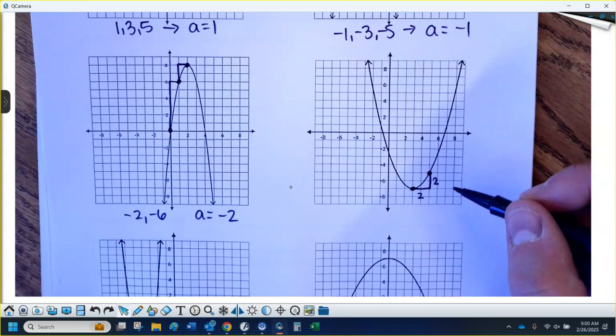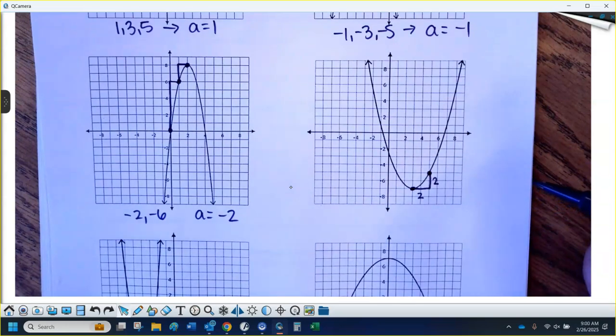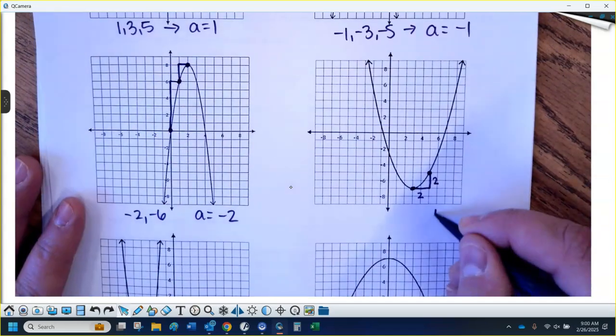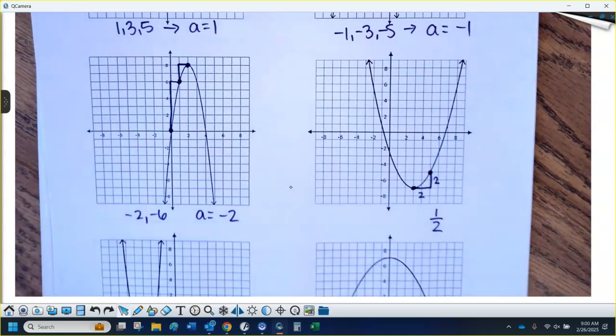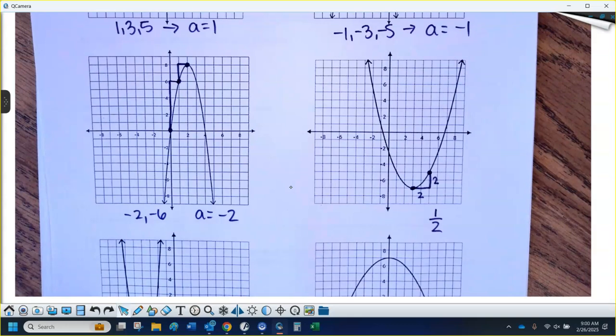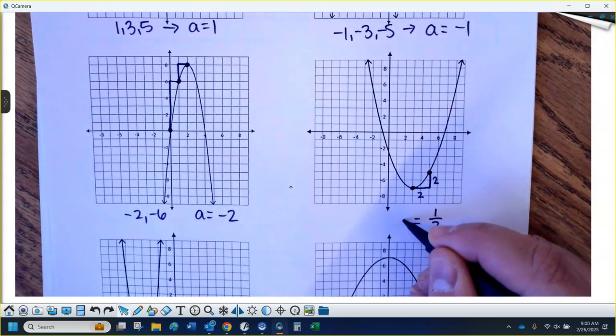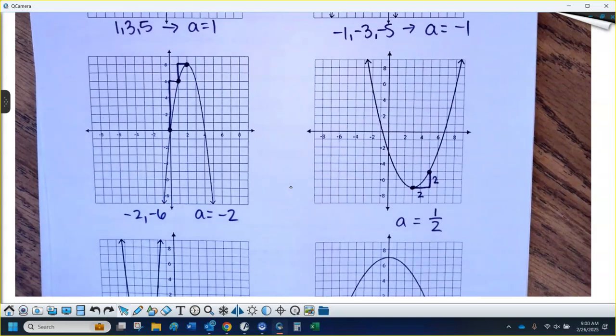Does anybody have any idea what the fraction would be? It's 1/2. If these two are the same, you can do what I did in the notes too, and plug the points in. But if it's over 2 up 2, the A value is going to be 1/2. If it was over 3 up 3, then it would be 1/3.